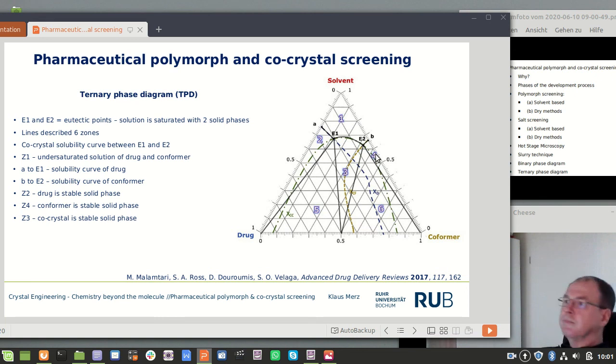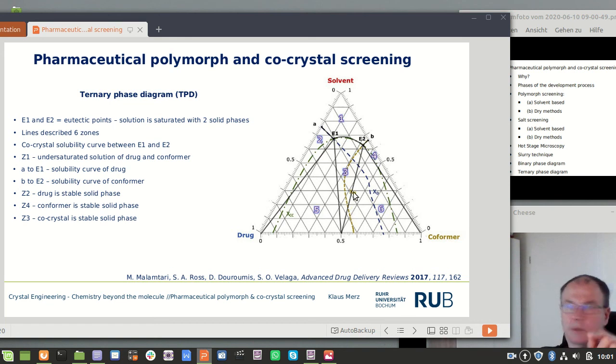Zone 3 is your desired zone. If you want to get a co-crystal, your aim is to reach this zone. You see it here? And this is important.